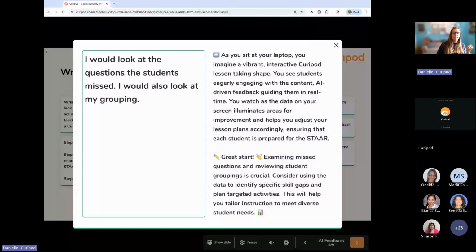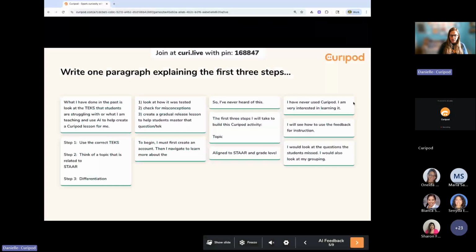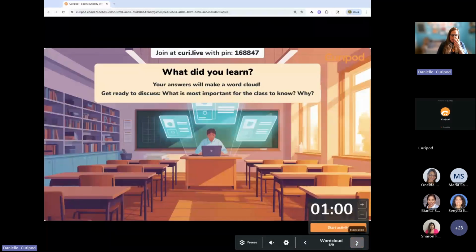You did a great job here identifying, looking at questions that students missed. But then how can you take this to the next level? And it's utilizing that data. So just a really interesting way to get feedback on general questions. So as we, what did you learn so far? Get ready to discuss what is important for the class to know and why.